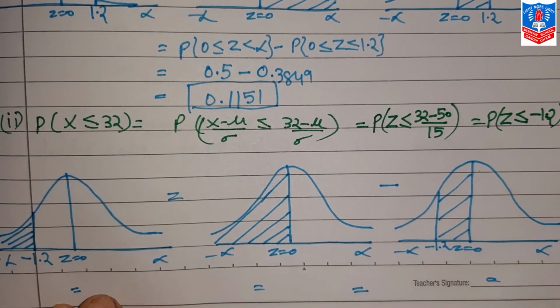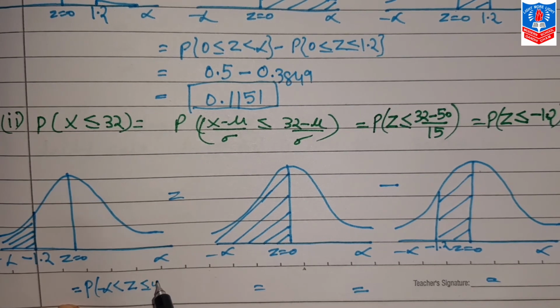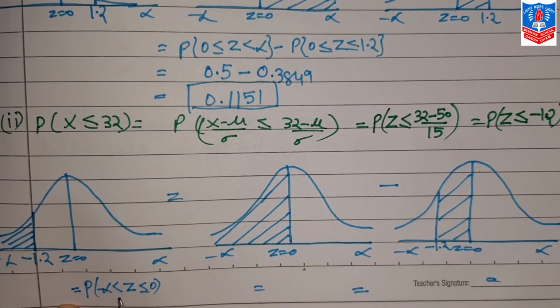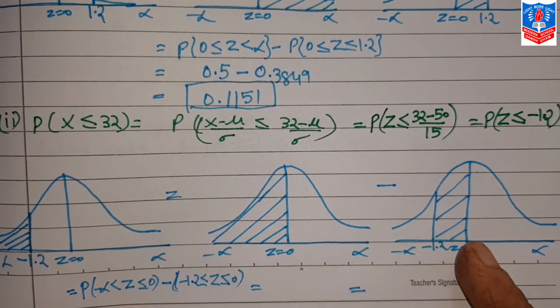Now how we write this in symbolic form, that is minus infinite less than Z less than or equal to 0. Remember, here we don't write the equal to sign. Minus this area from minus infinite to 0, from that we subtract minus 1.2 less than or equal to Z less than or equal to 0. From this we subtract this.